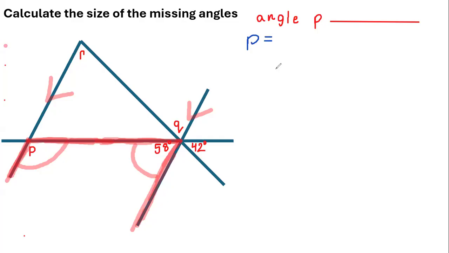P is equal to 180 degrees minus 58. And that's going to be equal to 180 degrees minus 58 degrees.